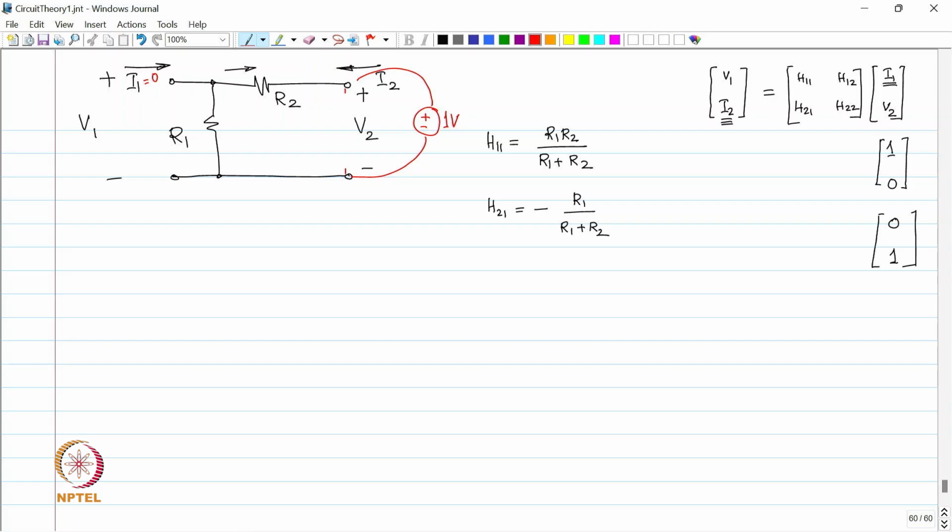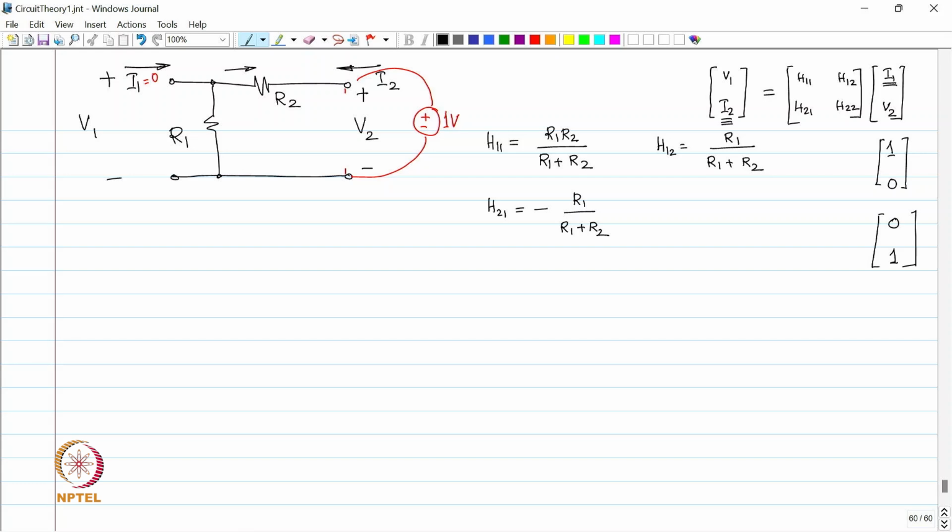Now, what is going to happen? What is going to be V1 times 1 volt. So, H12 is equal to R1 upon R1 plus R2.